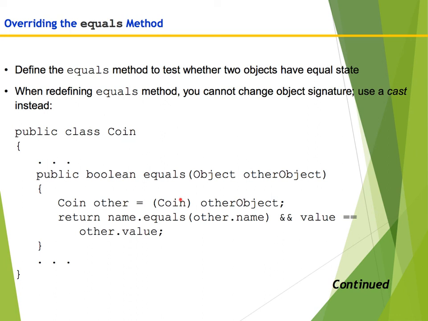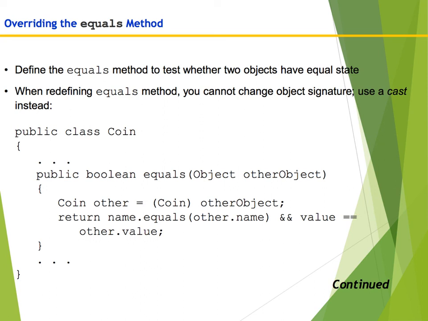We use the word Coin in parentheses before the other object, and then you set other equal to the casted other object. And then in the second line, we simply return the following: name.equals(other.name) and value == other.value.